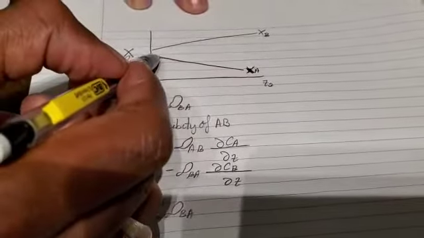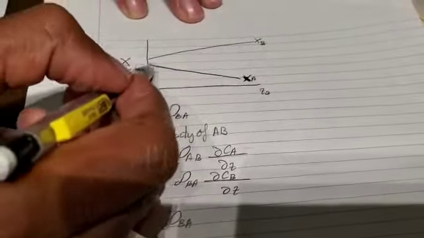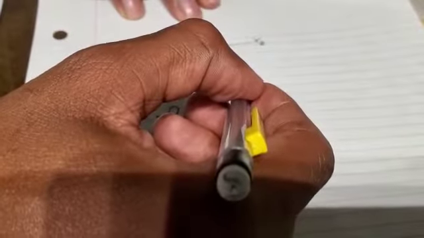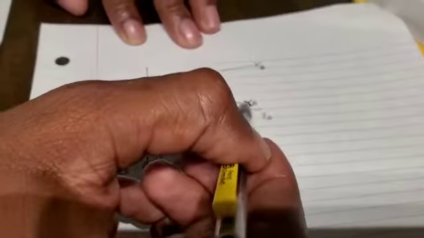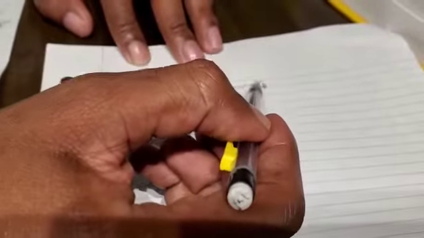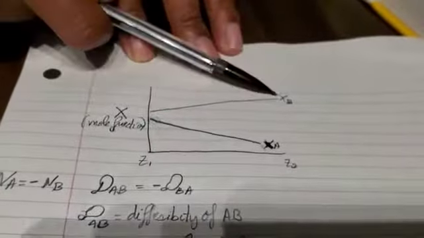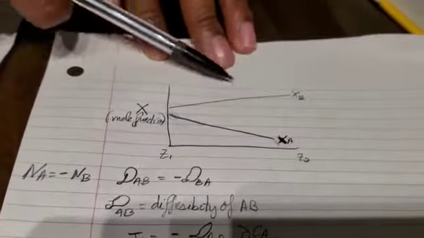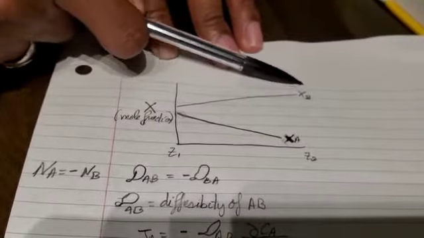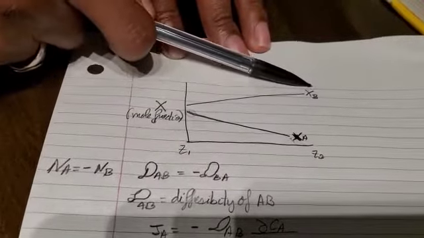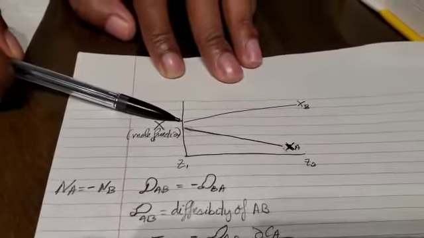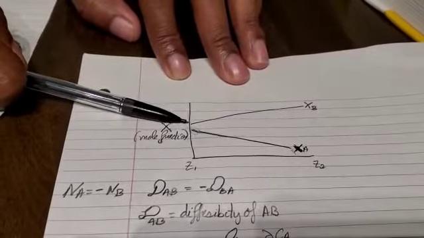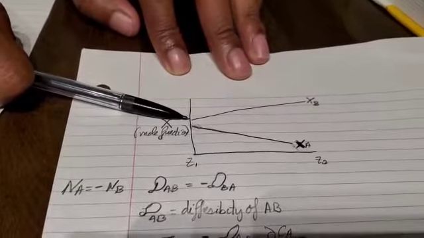So there is a diffusion of species A from Z1 towards Z2, from the higher concentration of A to the lowest concentration of A. And for the curve XB, we have a diffusion of species B from the highest concentration, which is in tank 2, from Z2 going towards the lowest concentration of species B, which is towards Z1.